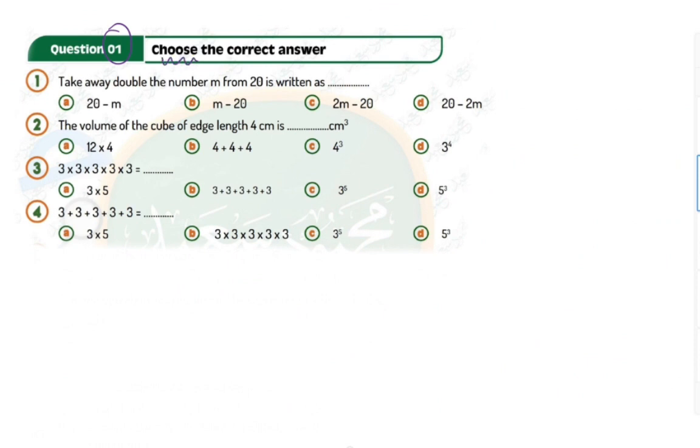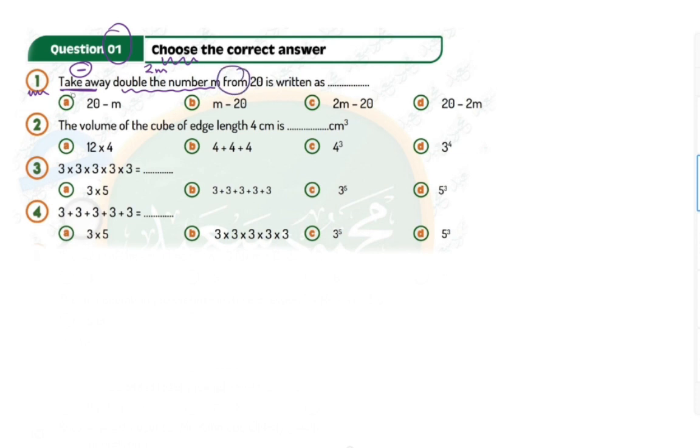Choose the correct answer. Point number 1. Take away double the number m from 20 is written as A, B, C or D. Take away means subtract, minus. Double the number m, we have some variable m, double means 2m.